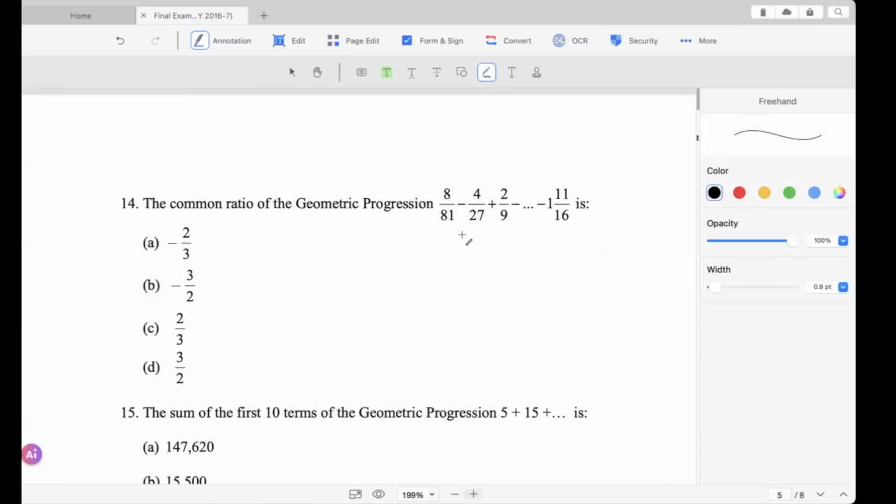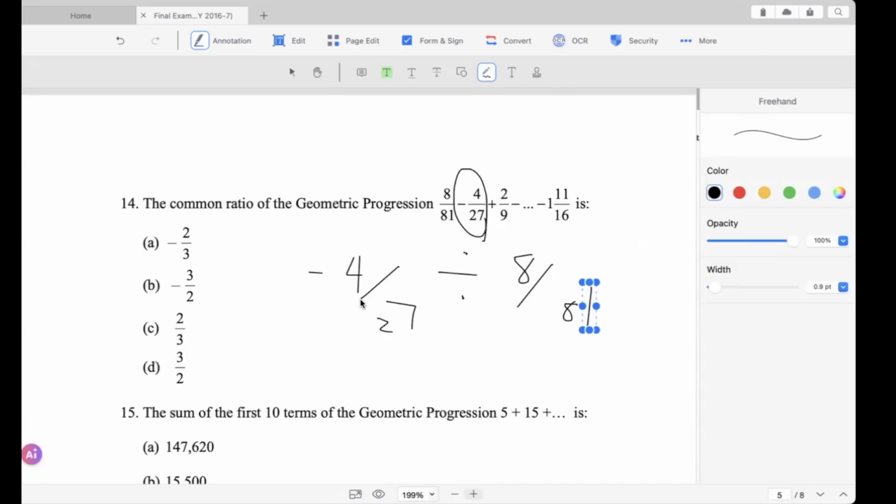What's the common ratio for the geometric? We can just divide the second term by the first term. So minus 4 over 27 divided by 8 over 81. If you're putting it in your calculator, for me, I use ABC, so use a function that gives you fractions.